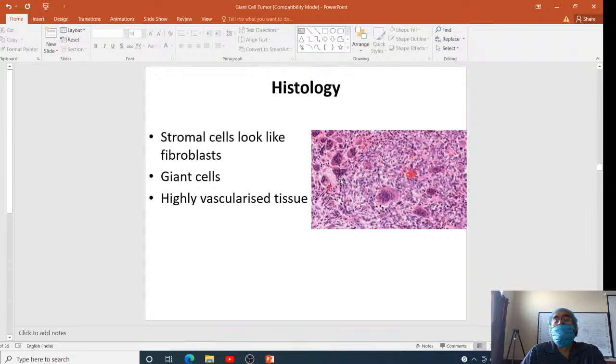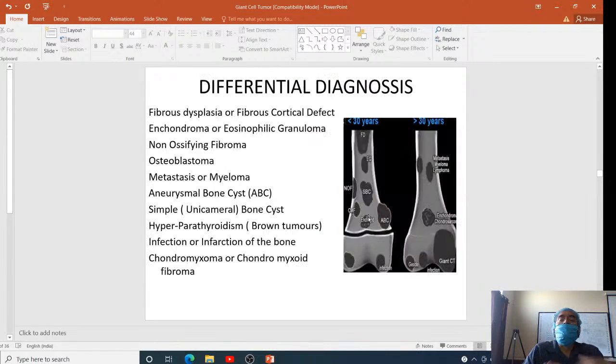And here the stromal cells look like fibroblasts. This is the GCT, and there are vascularized spaces, stroma. Okay, fibroblast-like stromal cells, giant cells, and vascular stroma. So this indicates GCT.